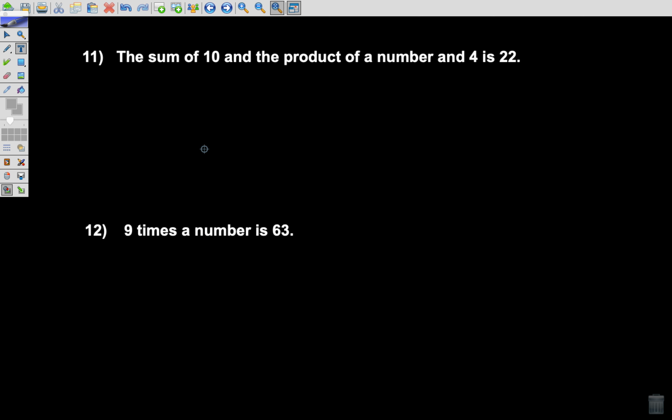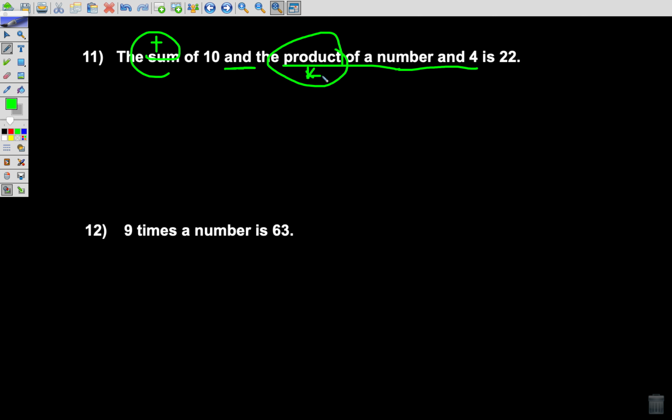All right, next. The sum of 10 and the product of a number and 4 is 22. All right, I'm adding. What am I adding? I'm adding whatever comes after the word sum. So I'm adding 10 and something. Well, what is that something? It's a little more complex. It's a product. So when I get a product, I am multiplying.